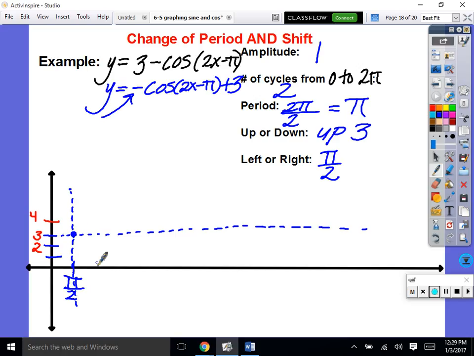From there, we've got to go over 1, 2, 3, 4, because that's one full cycle. Now, careful, because the length of a cycle is pi, correct? But now, didn't we shift that pi halves? So we're taking all of our x values and we're adding pi halves.